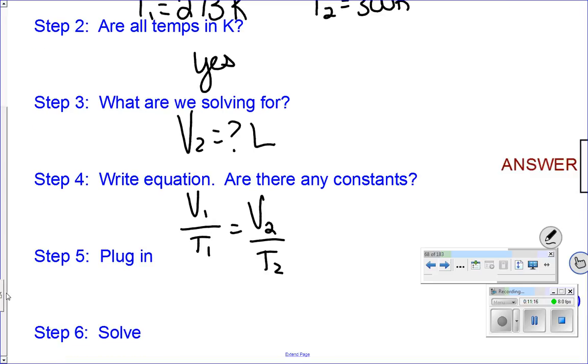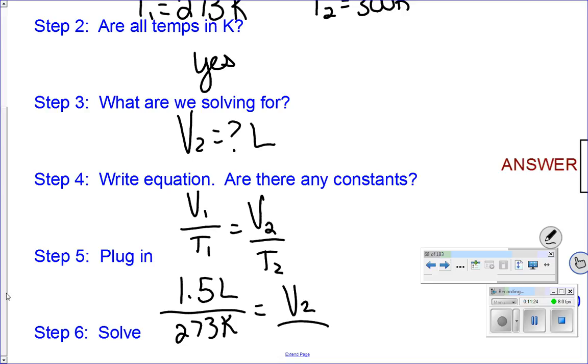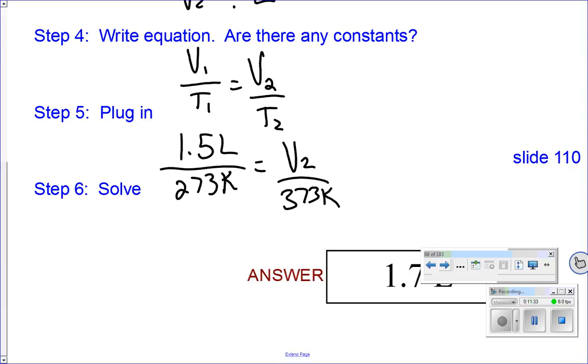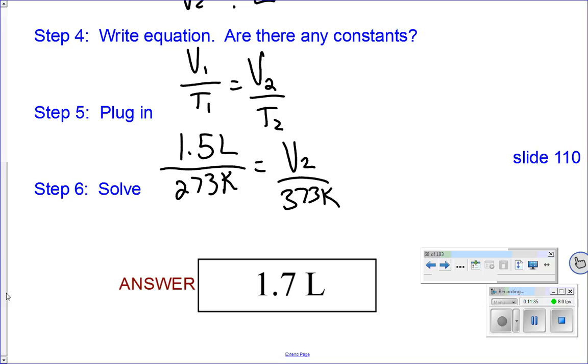When I'm plugging in, I'm going to have a 1.5 liter sample at my 273 Kelvin equal to my V2 over my 300 Kelvin. So when you cross multiply and divide out as needed, you should get 1.7 liters, and I am limited to 2 sig figs here.